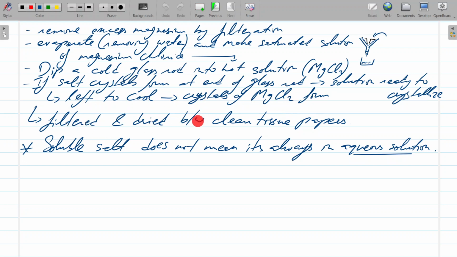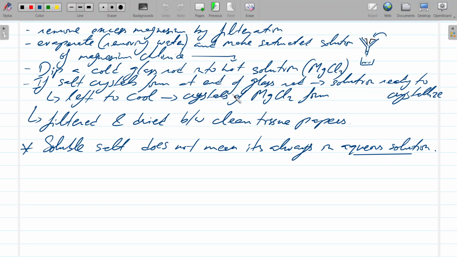You filter and dry it with clean tissue papers. And yeah, so you have your salt, right? Now, saying that a salt is soluble does not mean that it is always an aqueous solution. It means that it can dissolve in water, but you can have it in solid powder crystal form as well.